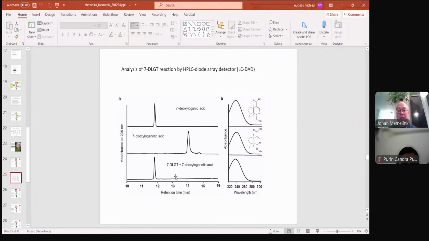And you see that this enzymatic reaction is very efficient because the substrate, 7-deoxyloganetic acid... I think I said it the wrong way around. The middle one is the substrate, the top one is the product, and the bottom one is the reaction. You see the substrate is completely converted to the product. So this enzyme is very efficient in doing this reaction.